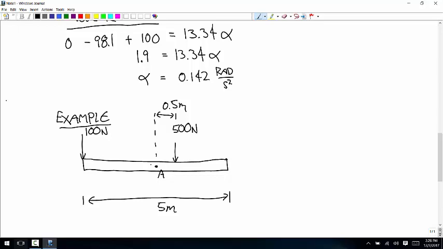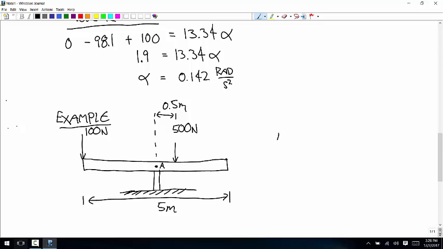And the idea is this is connected to the ground, like a hinge. So we want to see how this seesaw is going to rotate.